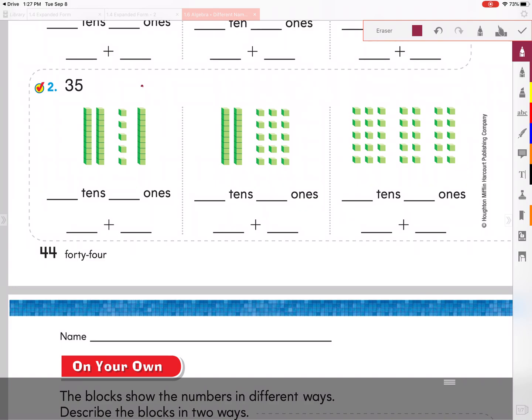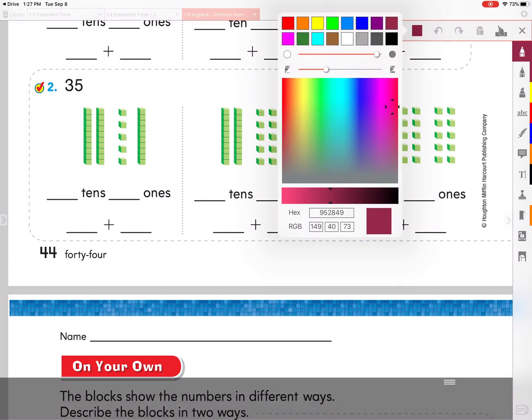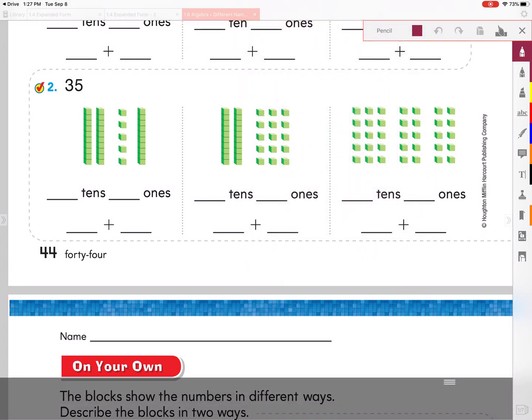You are going to show 35 3 different ways. So, step 1, how many rods do I have? 2. How many singles? 1, 2, 3, 4, 5. 2 tens is 20. 5 ones is 5. Broke apart a rod.